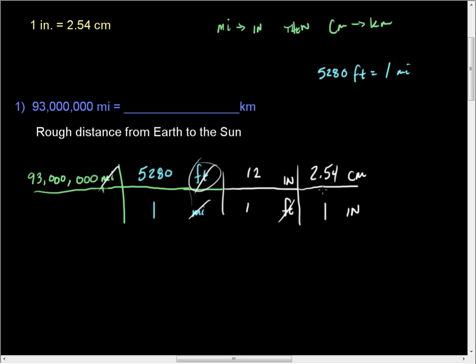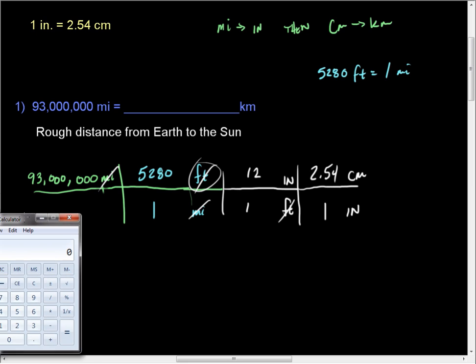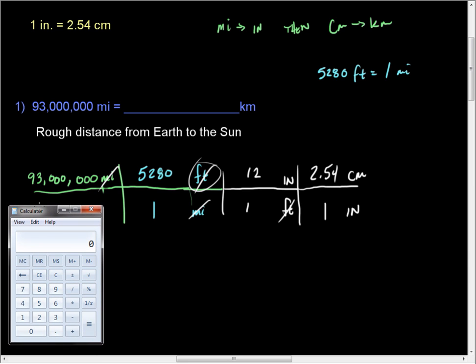Okay, to do this, just open up a calculator. It doesn't matter which kind you use. I'm just going to use a Windows calculator here, just to make it easy. Take your 93 million, 1, 2, 3, 4, 5, 6, times, not plus, times 5280, times 12, times 2.54, divided by 1, divided by 1, divided by 1.